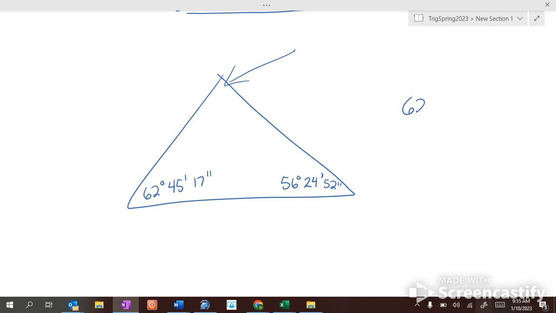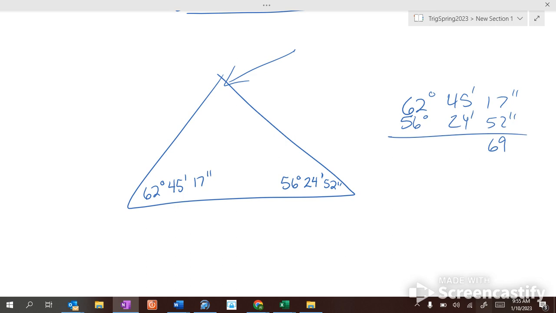So it'll take 62 degrees, 45 minutes, and 17 seconds, and add it to 56 degrees, 24 minutes, and 52 seconds. So when we add these two, and we get 69 seconds.